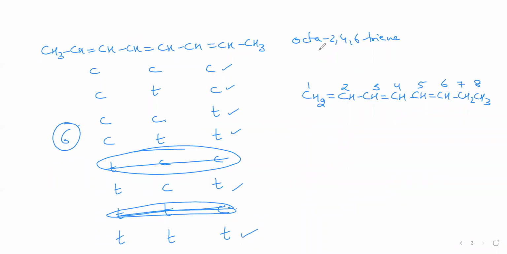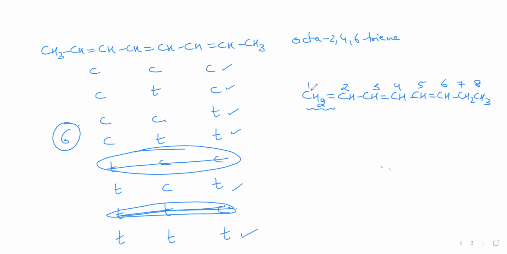How 7, Disha? This won't have 8 or 7, because this part of the double bond will not show geometrical isomerism.